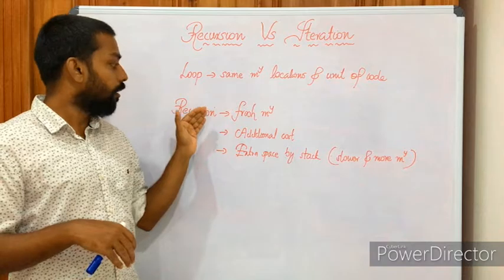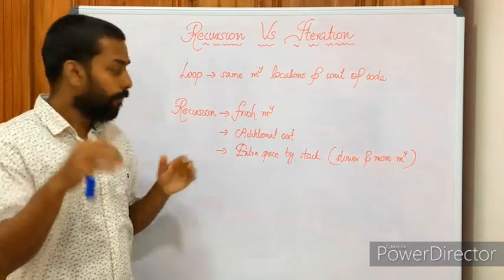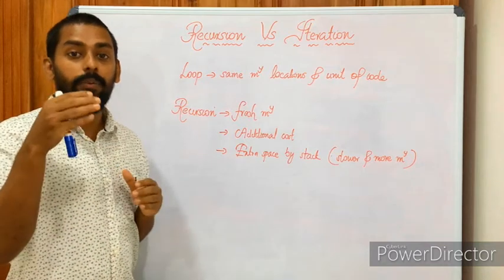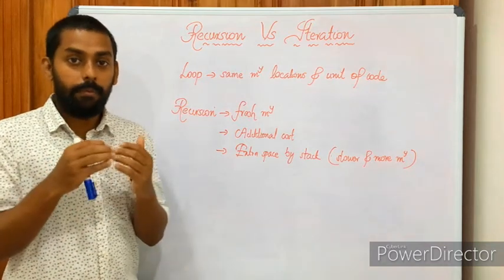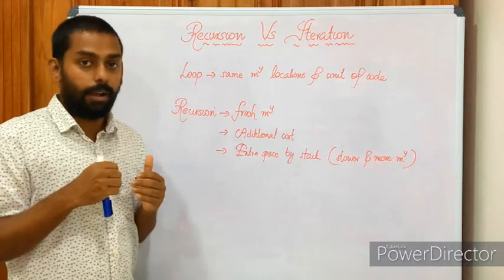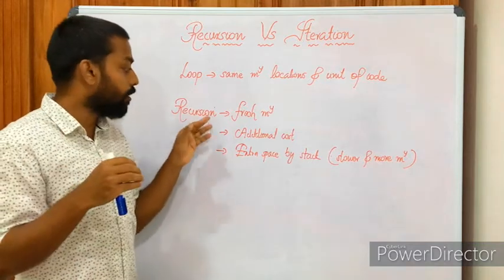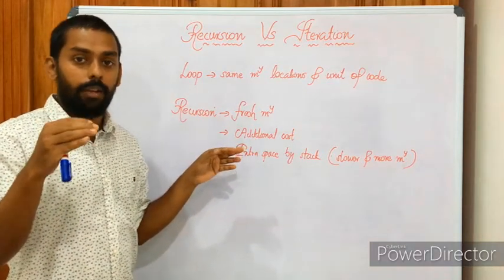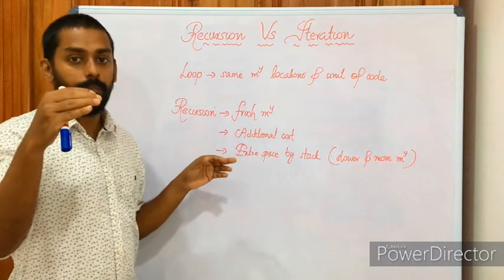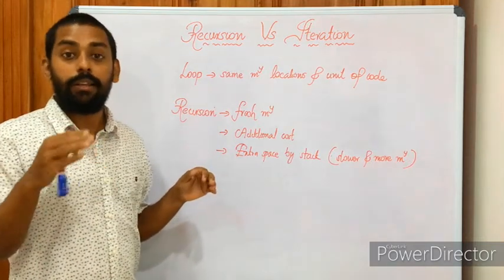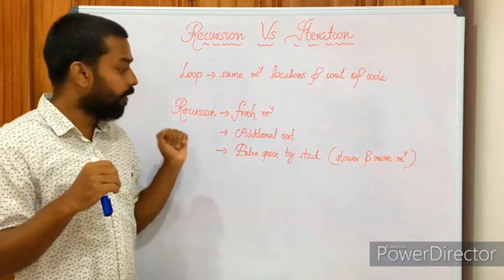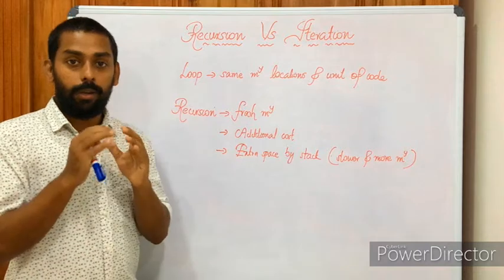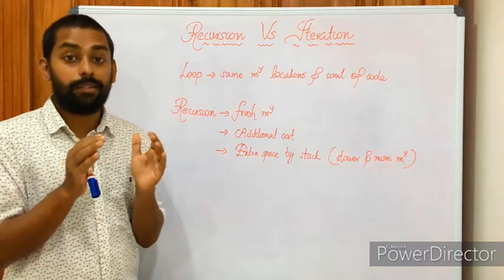But recursion uses fresh memory locations, as we know, plus there is an additional cost in terms of memory space used by RAM. So recursion needs additional memory to process each recursive call. And recursion takes extra space because recursion works on stack manipulation.